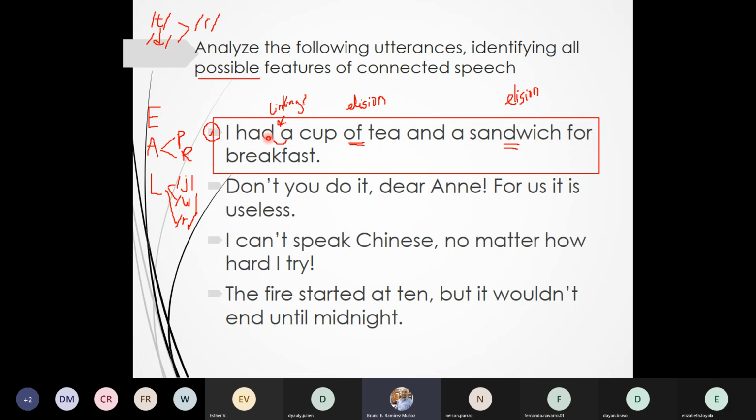Hada. In that case, we are linking the flap with the following vowel sound. So anyway, if we say hada or hadra, with d or r, we're linking the consonant to the vowel sound. And that's a very common feature of connected speech. Linking a vowel sound to a consonant sound, or in this case, a consonant sound to a vowel sound. I don't know if this is clear, but if we think about an intrusive R, then the intrusive R should be or should come right after.